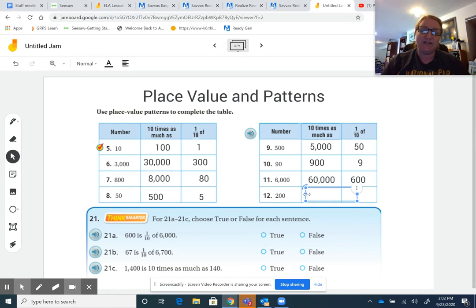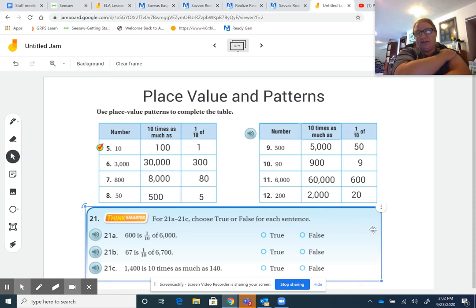So 10 times as much as 200, give yourself an extra 0. That gives you 2,000. And then 1/10 of 200, lose a 0, is 20. Okay, so try to practice those if you can. It should be on your practice work today for your homework.